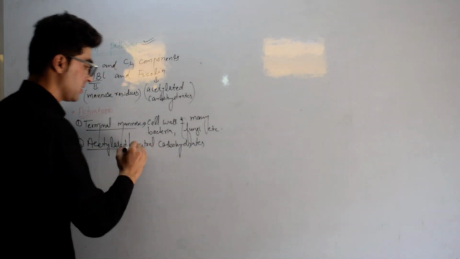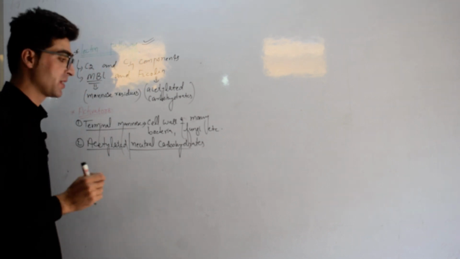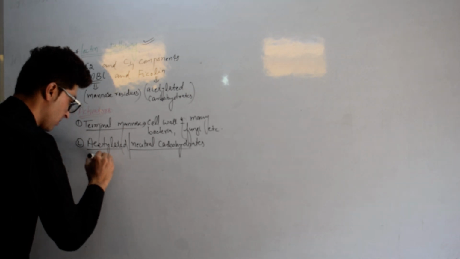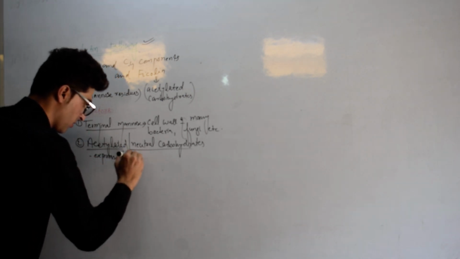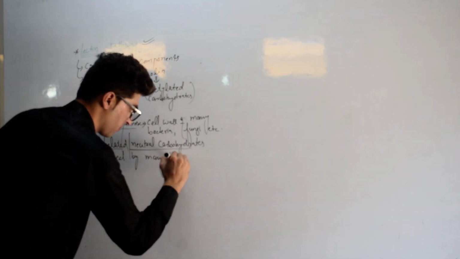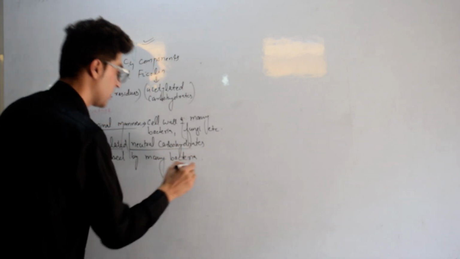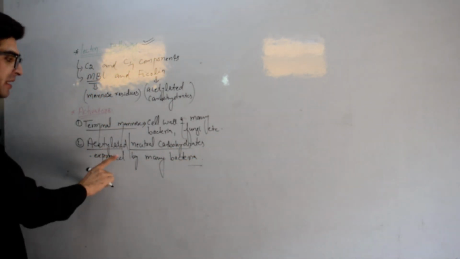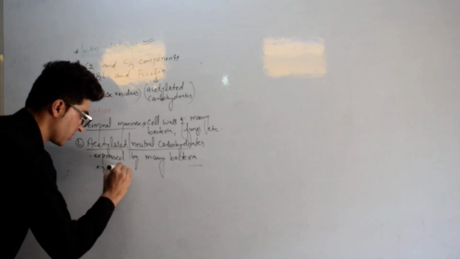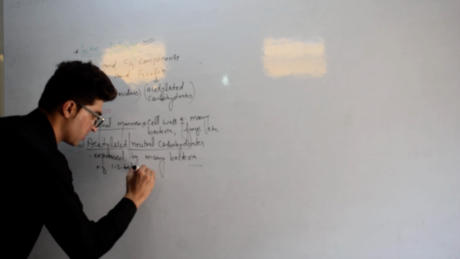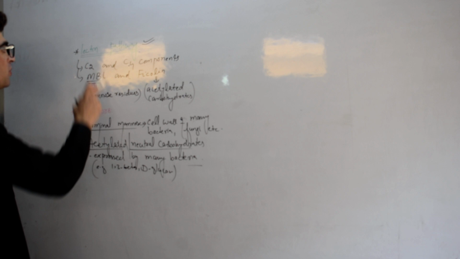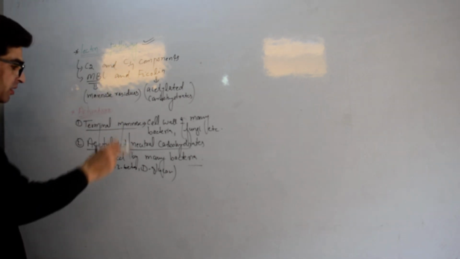These acetylated or neutral carbohydrates are also expressed by many bacteria, for example 1,3-beta-D-glucan, which is going to activate the lectin pathway.